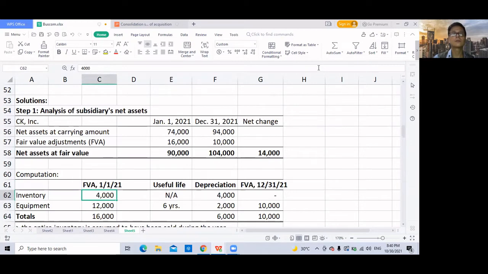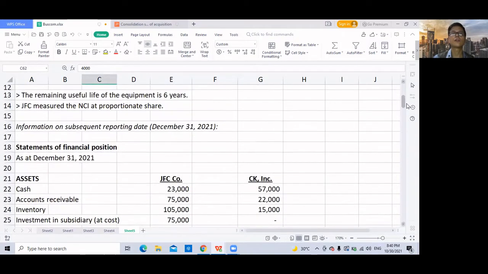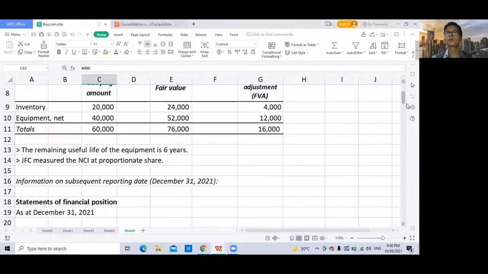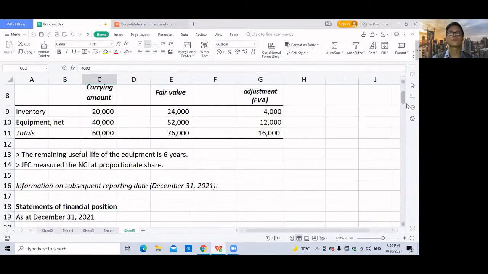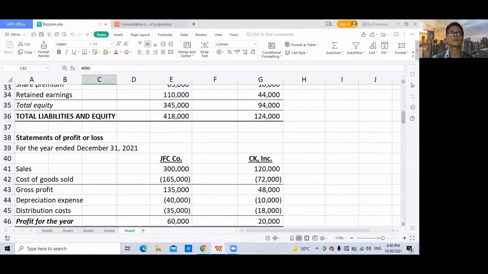So there's a 4,000 net change dun sa, if we see here. Okay, yung inventory dito makikita natin doon sa taas. Okay, yun siya, yung 4,000 yung sa inventory, tapos 12,000 naman yung sa equipment. Okay, so yun yan.